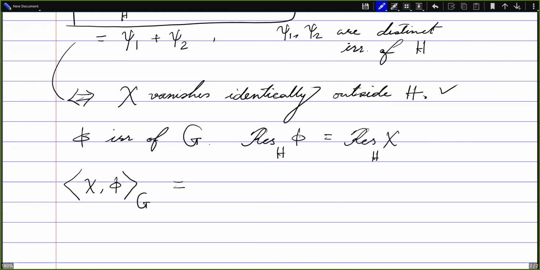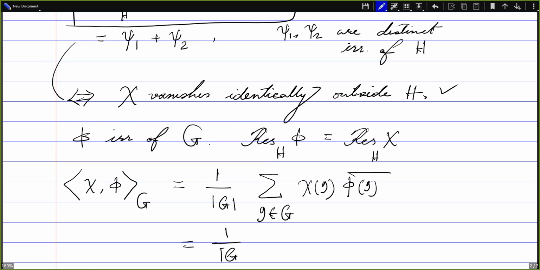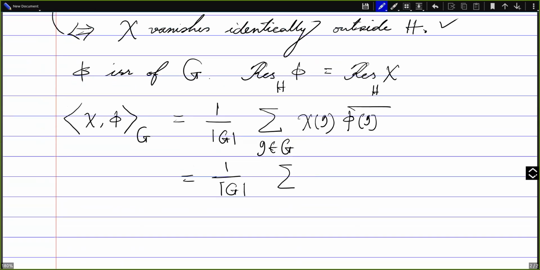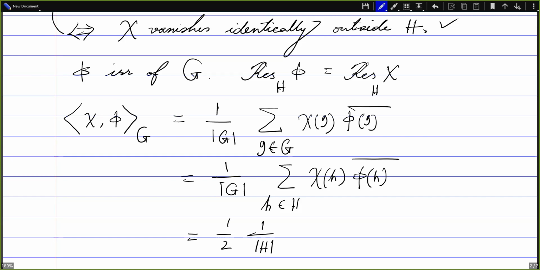First of all, the inner product exactly becomes, according to our definition, the sum of chi g times phi g bar, and chi vanishes identically outside H. So this just boils down to the sum of chi h phi h bar, where h is in H. Now in order to bring it in the right form, we divide.